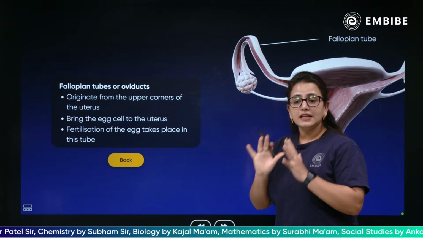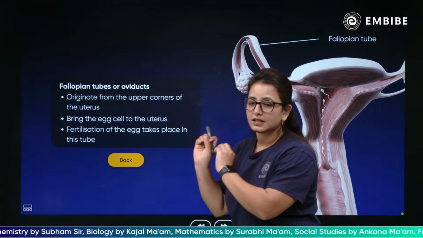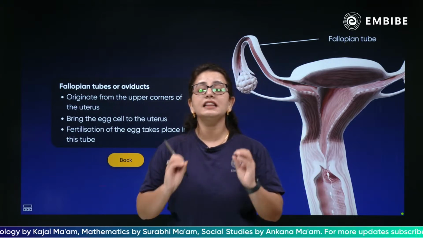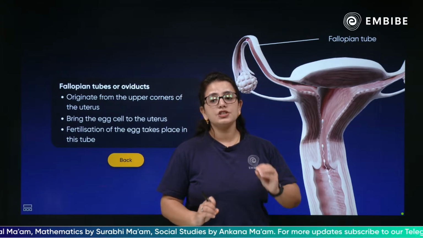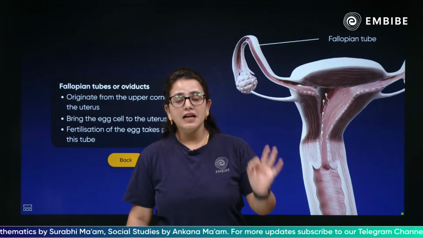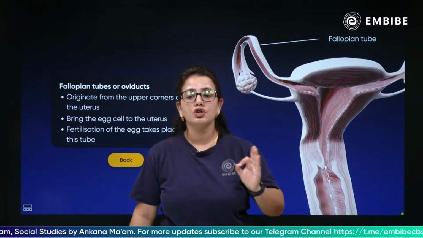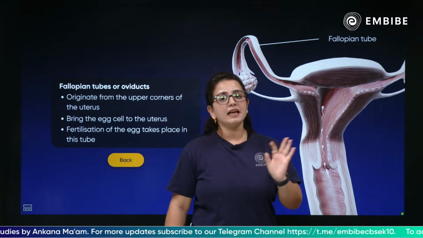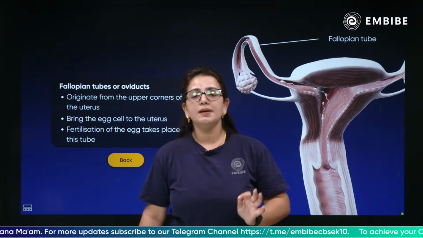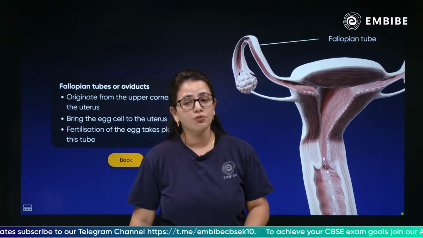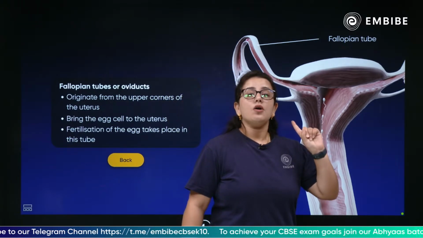Neither does fertilization take place in the uterus nor in the ovary; it takes place in the fallopian tube. Only the fusion of the male and female gametes takes place inside the fallopian tube, not in the ovary, not in the uterus.